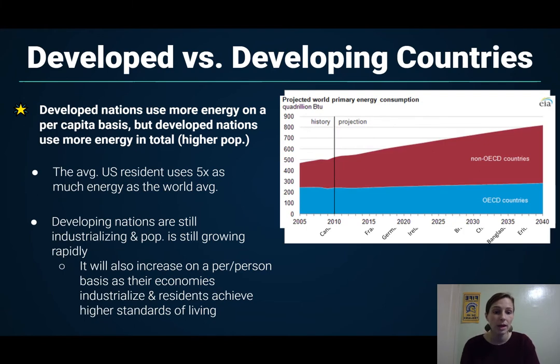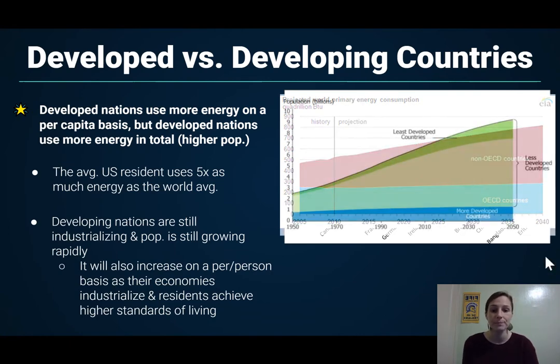So if we look here at this diagram, we've got historical world energy consumption versus projected. And if we're looking at these countries in red, these are the ones that are currently developing, and their future projected energy use is going to be increasing quite a bit, but also on a global scale.